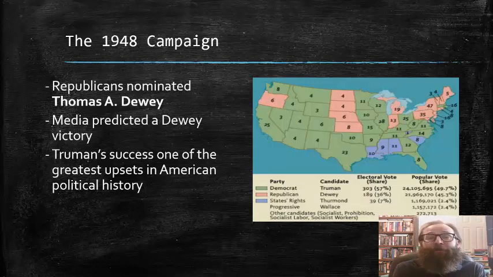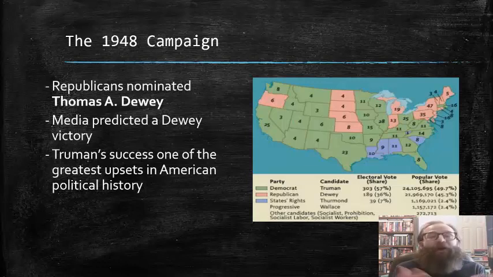You may recall the first image at the very beginning of this section of this lecture that showed Truman holding up a newspaper that says Dewey defeats Truman. Many news media on the eve of the election had already printed up hundreds of thousands of copies announcing Dewey's inevitable win.